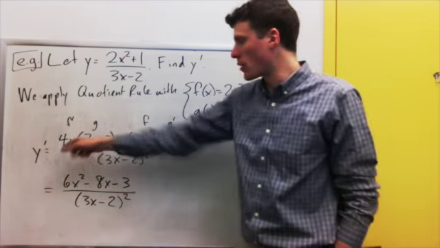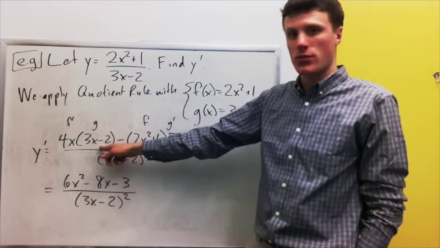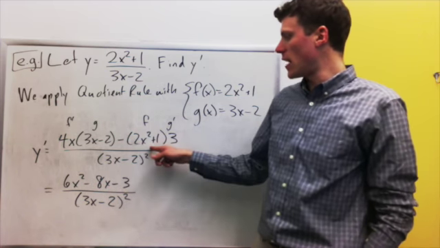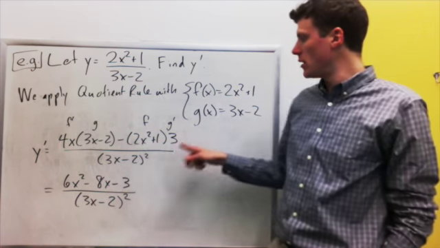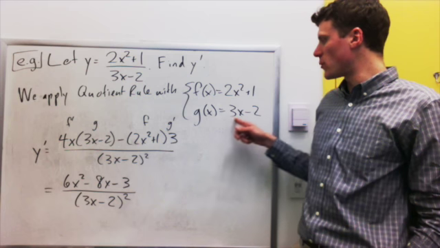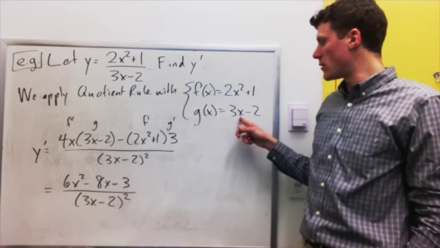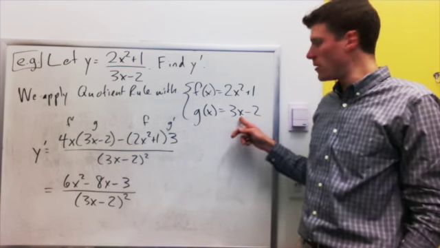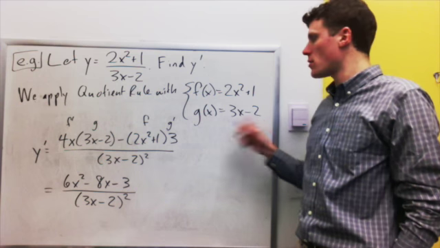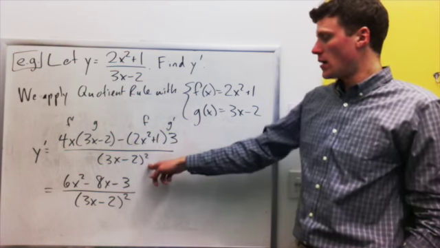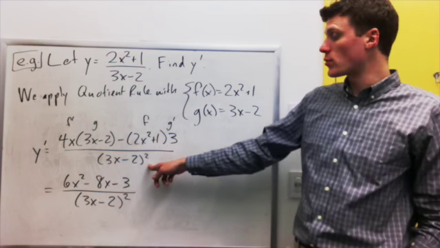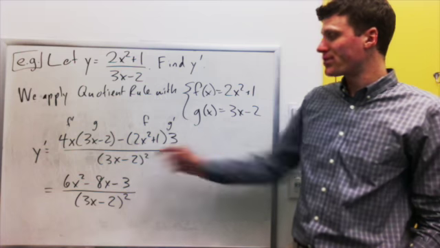So that's just 4x times g, 3x minus 2, minus f, which is 2x squared plus 1, times the derivative of g. G is 3x minus 2. The derivative of 3x is just 3. The derivative of 2 is 0, so I'm left with 3. And that's all over g squared, which is 3x minus 2 squared.